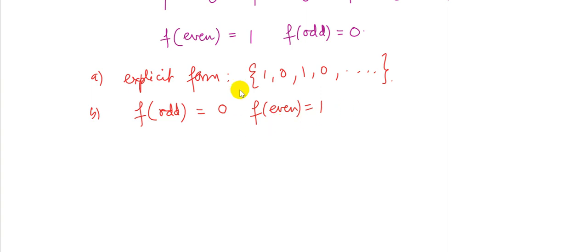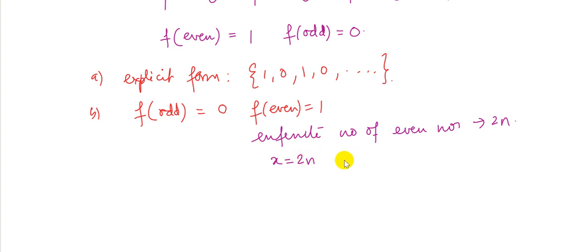So there are infinite numbers of even numbers of the form 2n, where if I write x equal to 2n, where n is an element of natural numbers, then f of 2n will be equal to 1, and this would be an infinite sequence.